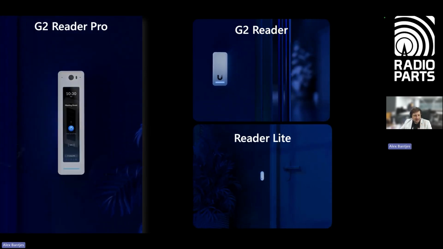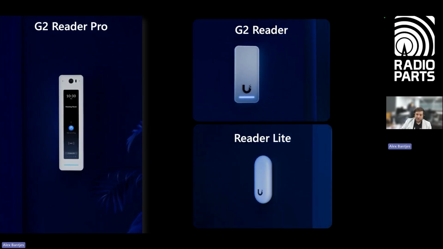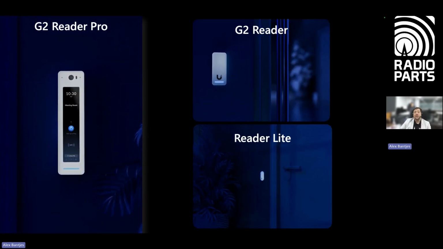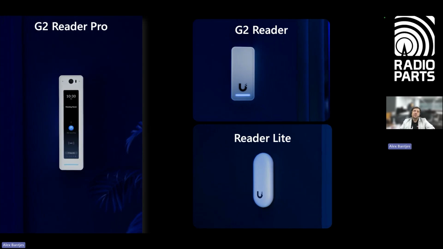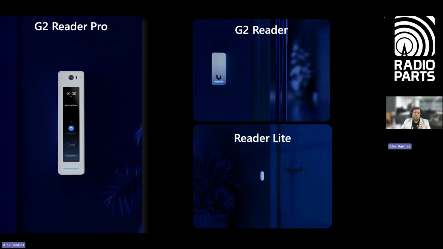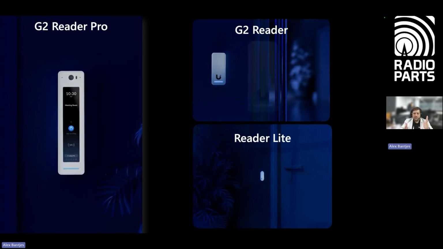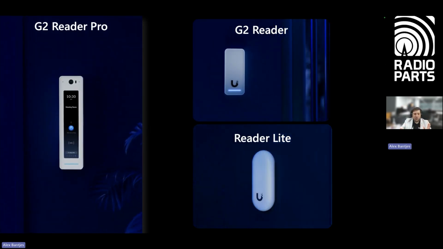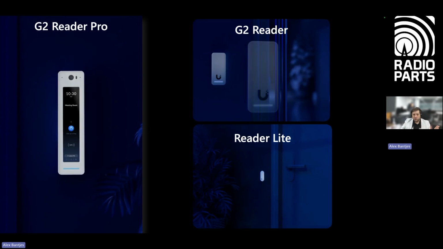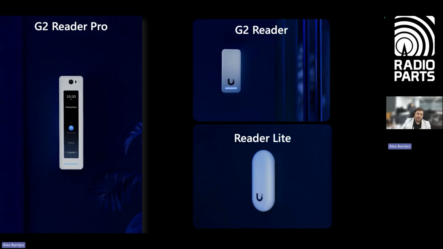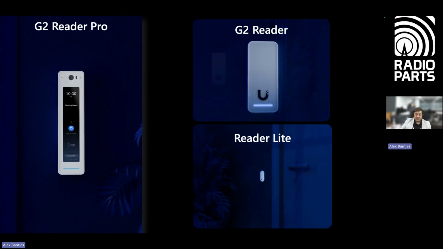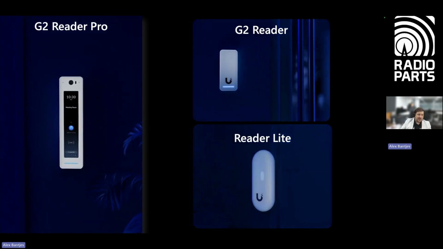And the one thing that I have to comment on and praise Ubiquiti for is they nailed the width, because a very common problem that you face when you're getting to a door is that the readers are quite wide, and then you have to cut out a piece of the wall or cut out a piece of the door frame in order to fit this reader. The G2 Reader Pro, despite what it looks like on screen, it looks massive.